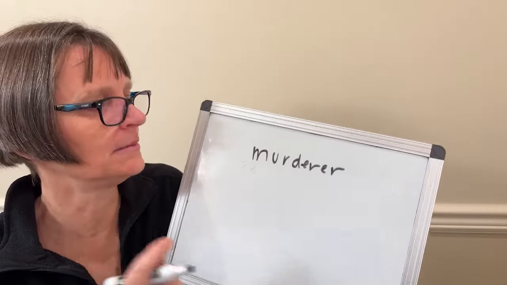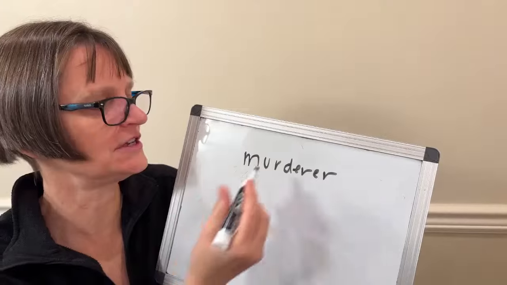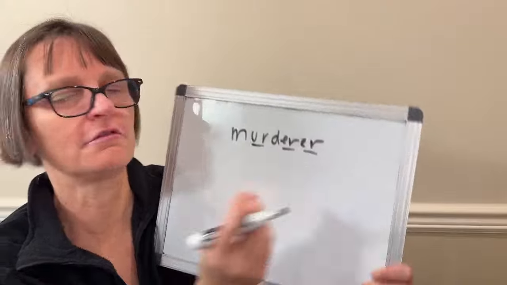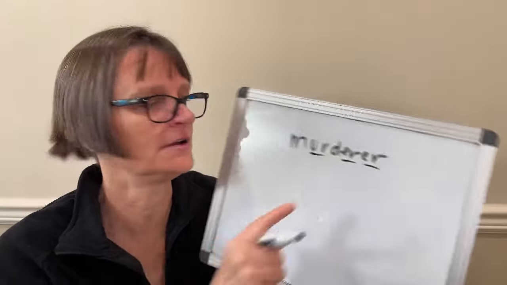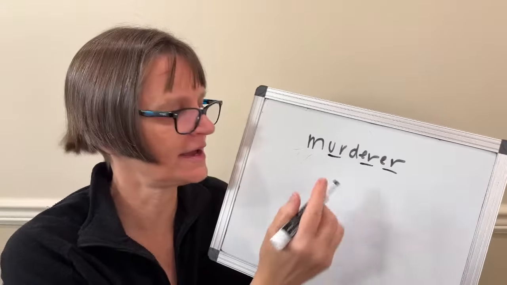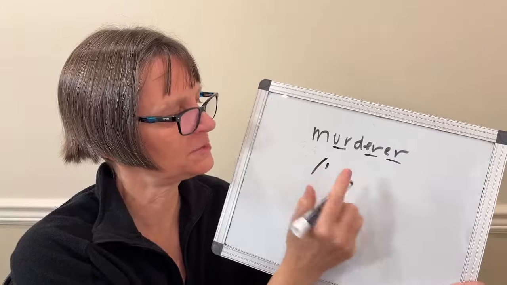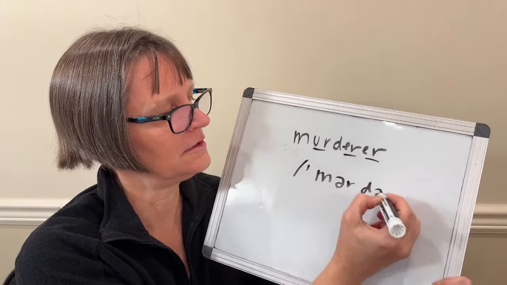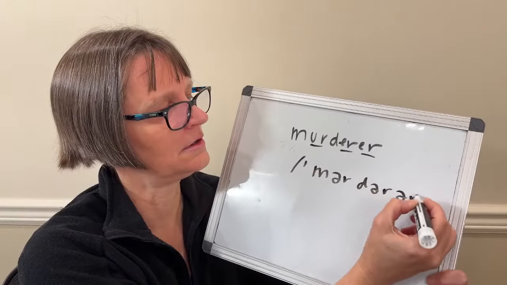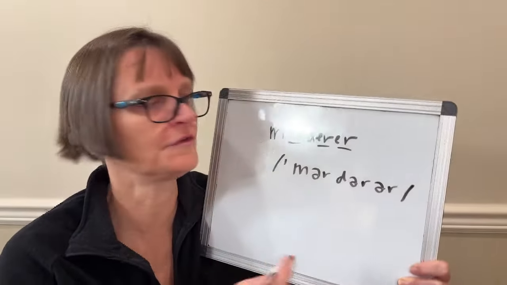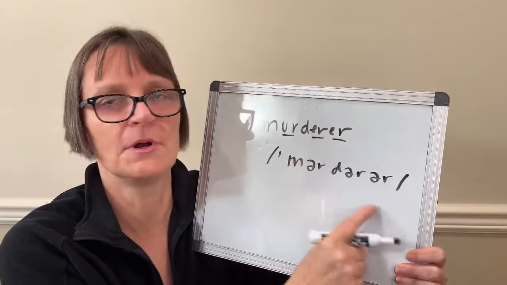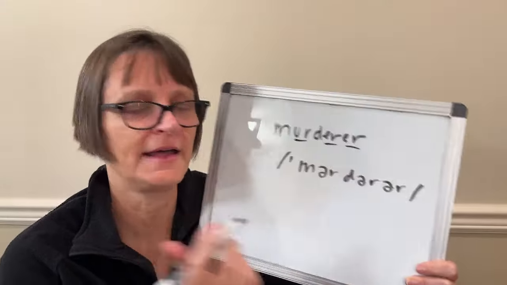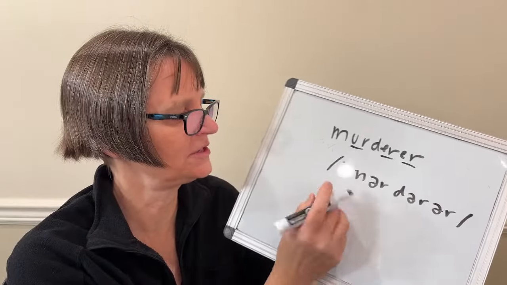So in murderer, the challenge is we have 3 tight R sounds in here. This one is going to be longer and stressed. You'll see that with a stress marker in the dictionary. So I would say first, just try working on murder. And when you're working on that, just try saying just the mer sound.